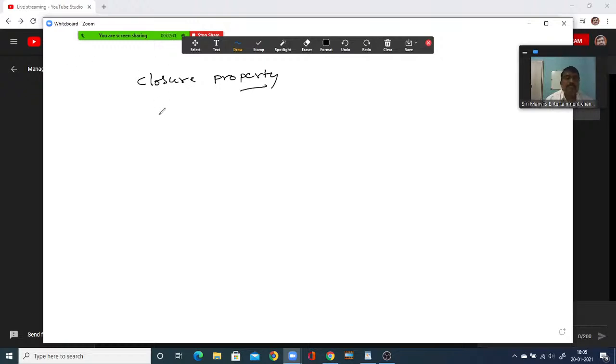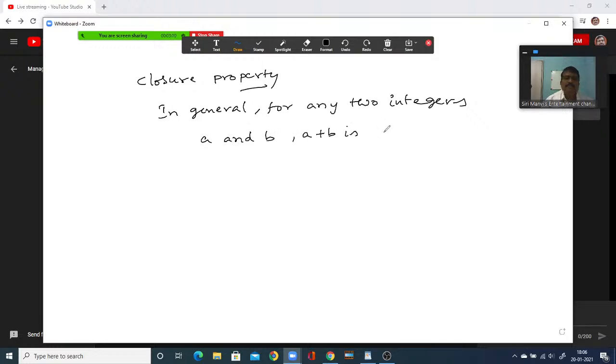Okay, so closure property. In general, we say that for any two integers a and b, a plus b is also an integer.